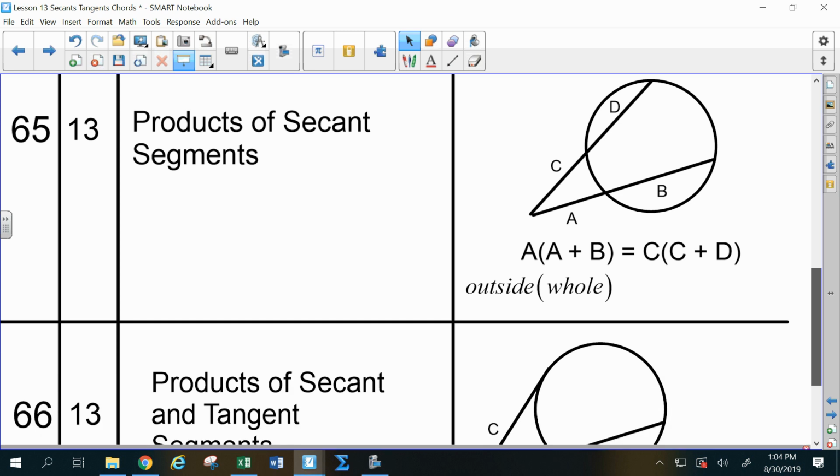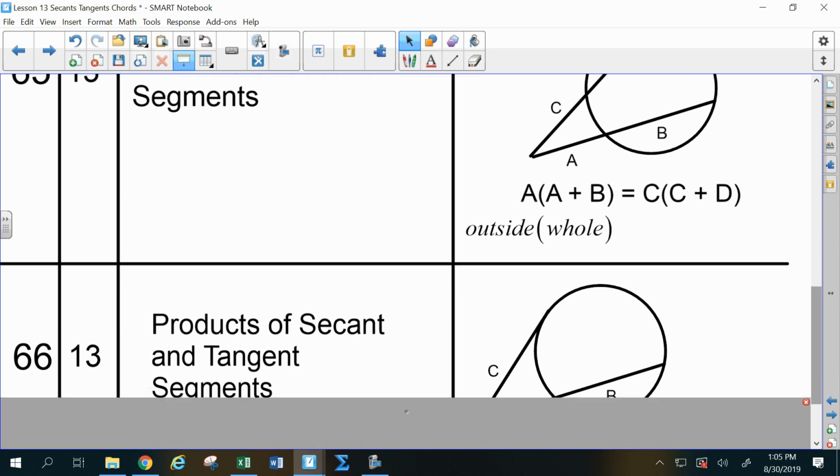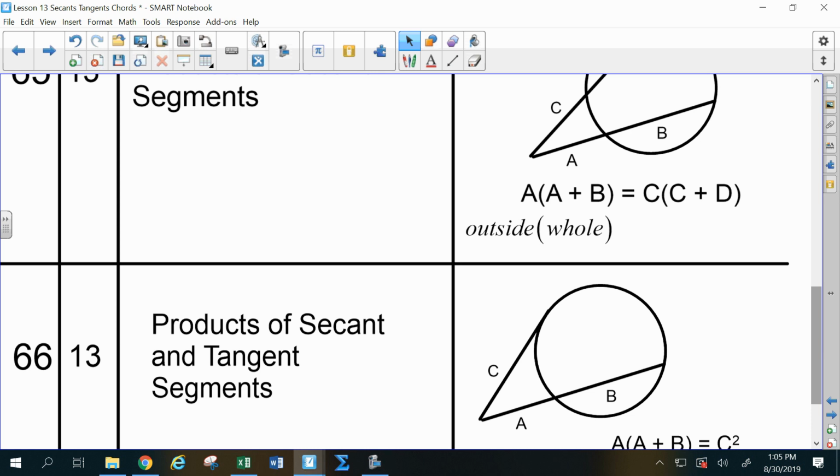The final formula for today is going to be a special case of Formula 65. It is going to be where instead of both of these being secant lines, one of them is a tangent line. In that case, we still will have outside A times the whole thing, A plus B, will still be equal to the outside times the whole thing.